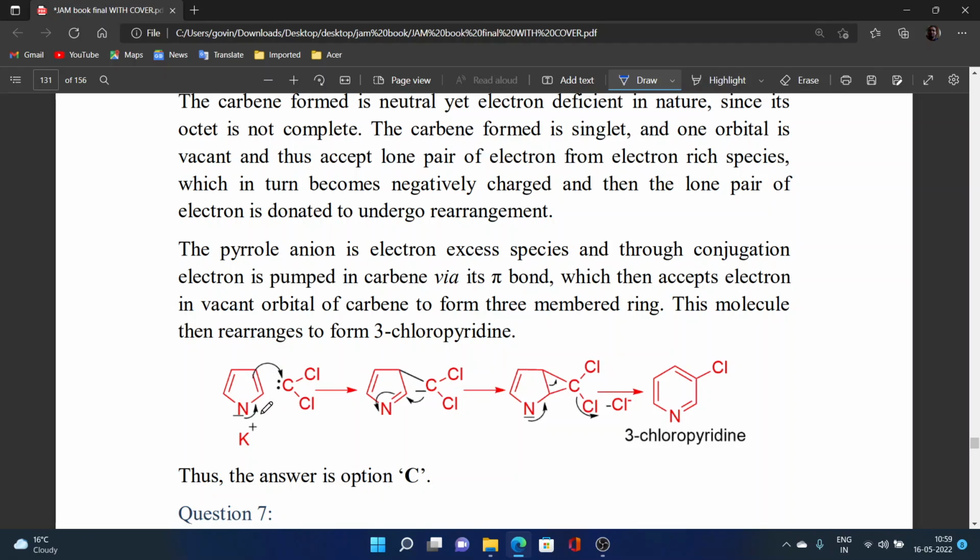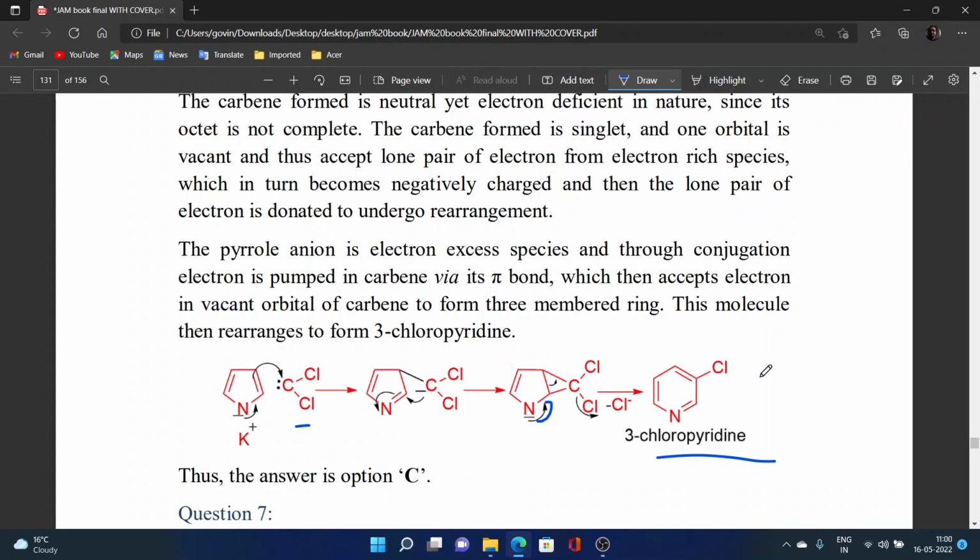So again here, this nitrogen pushes its electron, this comes here and attacks the carbon, because we saw that dichlorocarbene is electrophilic in nature. When it attacks, the carbon gets a negative charge, and then this again attacks this carbon, nitrogen gets back the negative charge, this opens up, Cl minus goes away and you get 3-chloropyridine.